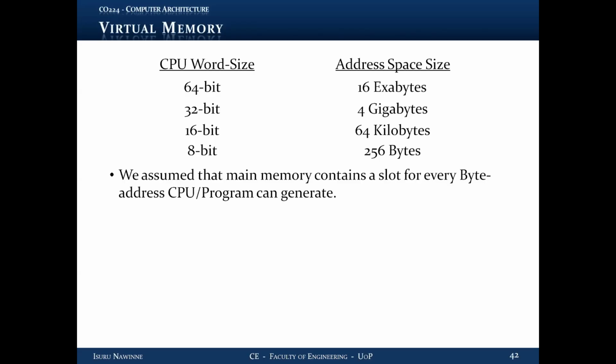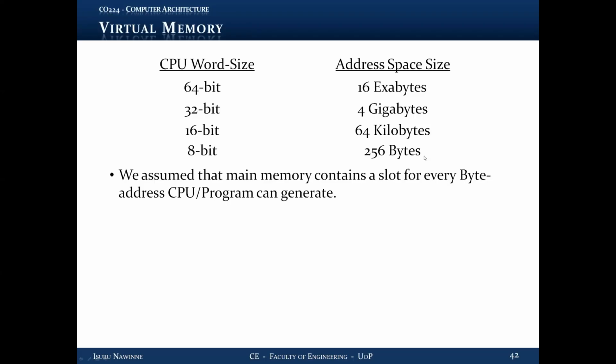Whatever the case, we assume that the memory has the maximum number of slots addressable by the CPU word size, like having the entire address space available in memory. So in our 8-bit CPU that we are designing, we actually have 256 bytes of memory.